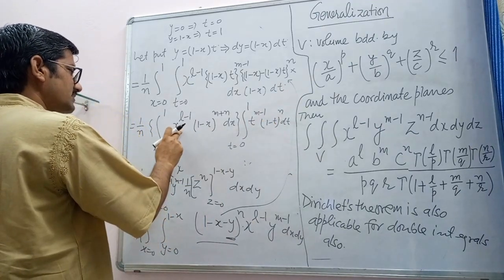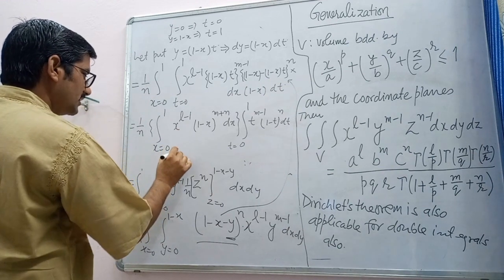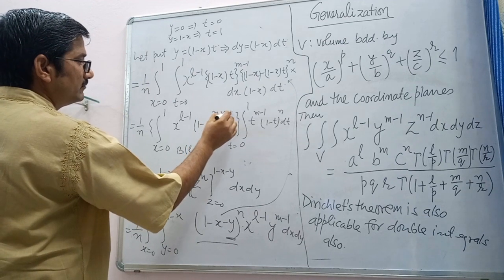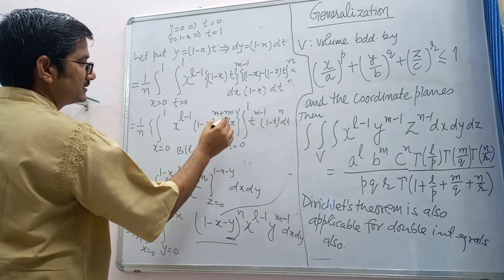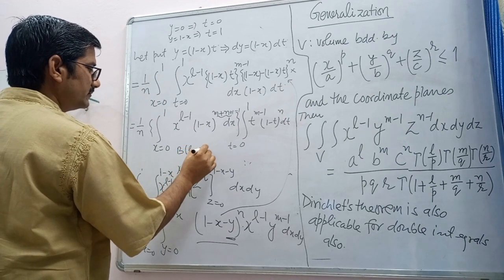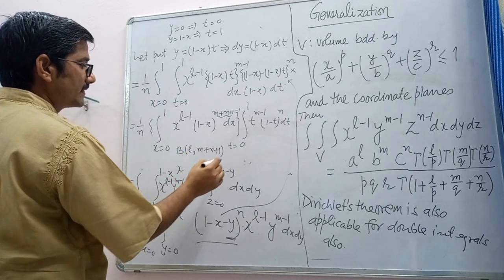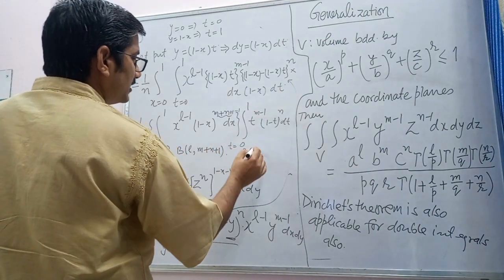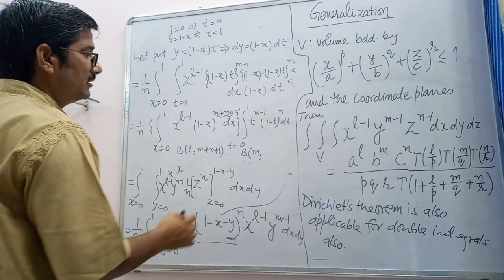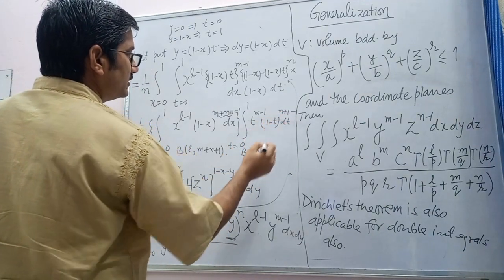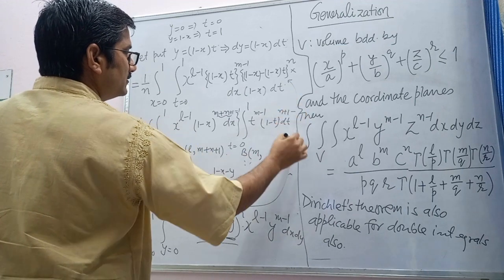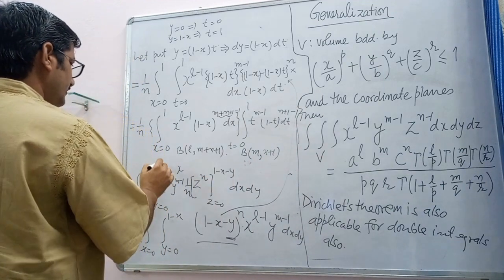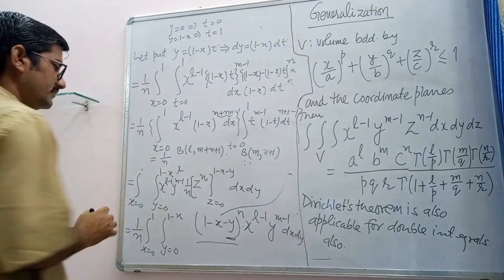So you can write this as beta of l, m plus n plus 1 minus 1, so this will be m plus n plus 1, multiplied by beta of t to the power m minus 1, so you can write here m, and n plus 1 minus 1, so it will be n plus 1, and the whole is divided by n.